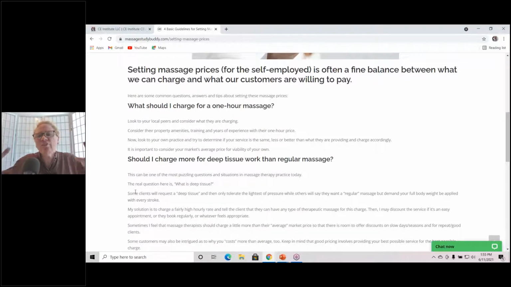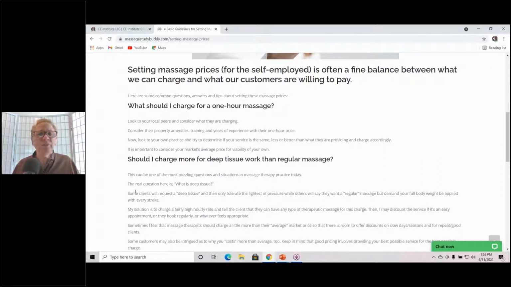So obviously what I charge where the prices and the cost of living are more expensive, I charge a little bit more than in another market where the cost of living is a little bit lower and people are usually earning a little bit less too, right? So the prices of your massage might follow in that cost of living category.